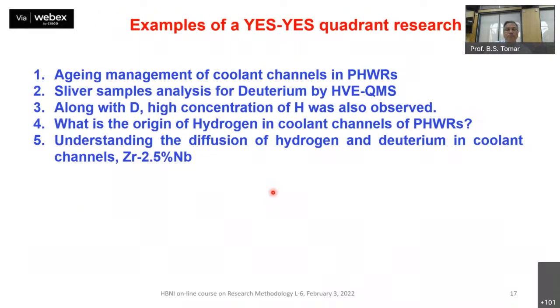Now I will give you an example of a yes quadrant. We mentioned in the first or maybe second lecture the quadrants of Niels Bohr, where you do fundamental research but it may not have any consideration of use. Or you may do work in the other quadrant, where you may have a lot of application but it is not based on any fundamental knowledge.